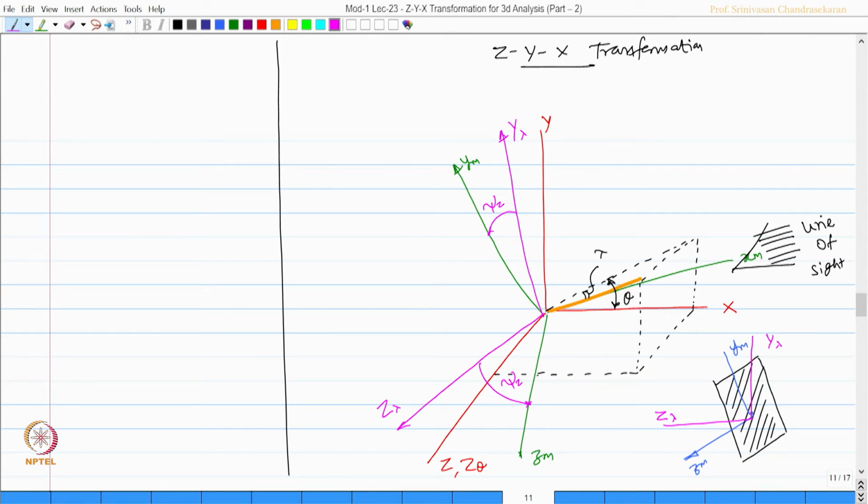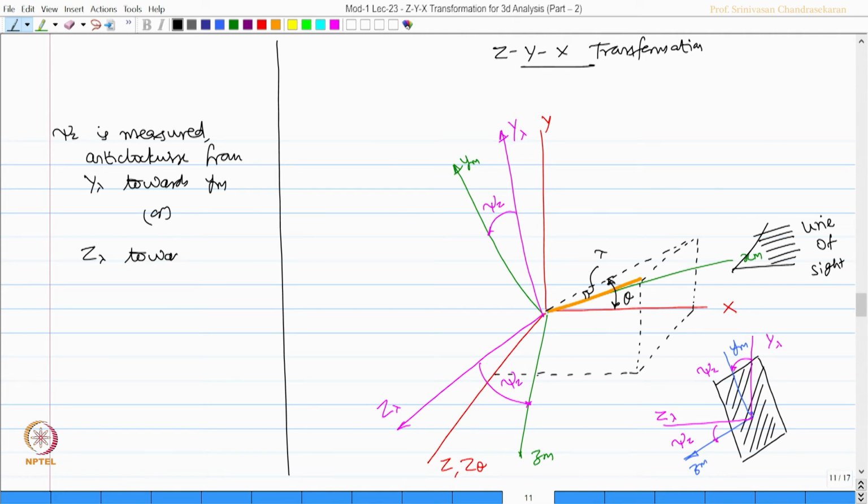So, now this angle is psi z, this angle is also psi z. So, psi z is measured anti-clockwise from y lambda towards y m or z lambda towards z m as shown in the figure.